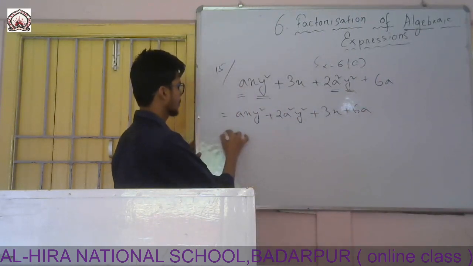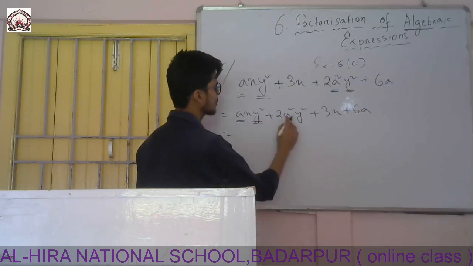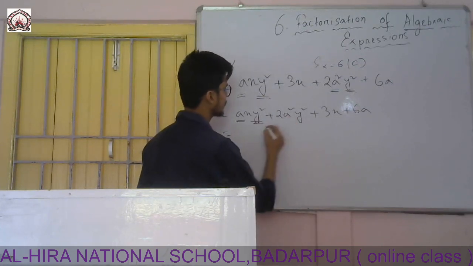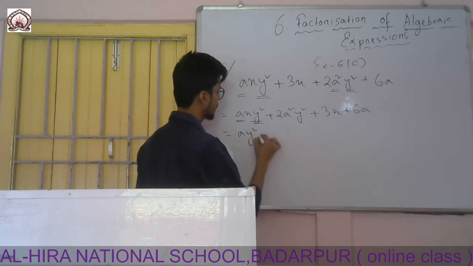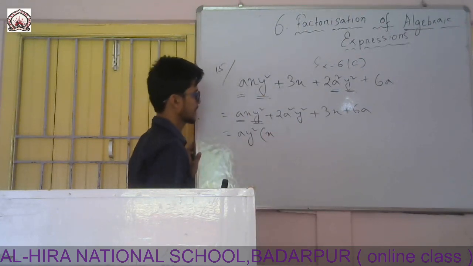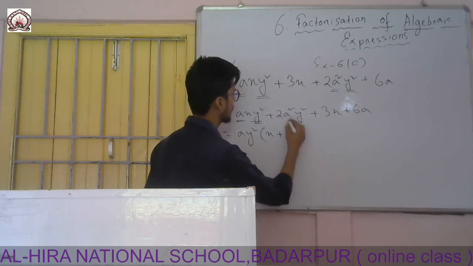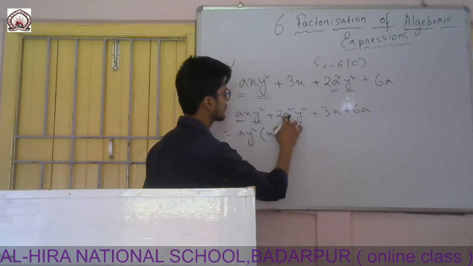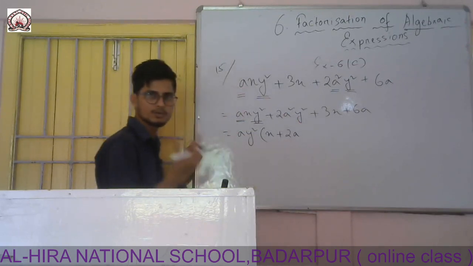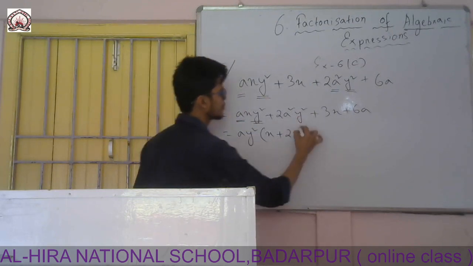Okay. So in this term you see a y square is common. There are 2a and y square. So I will take only 1a. So a y square, after taking out a y square, x is left. Then in this case 2a is left. A square means a into a. So I have taken only one, so one a is left, and y square is there, so no need to write.